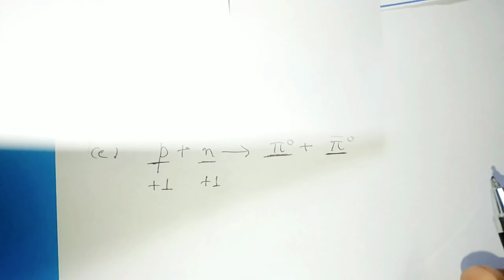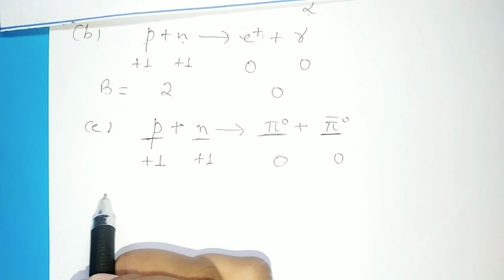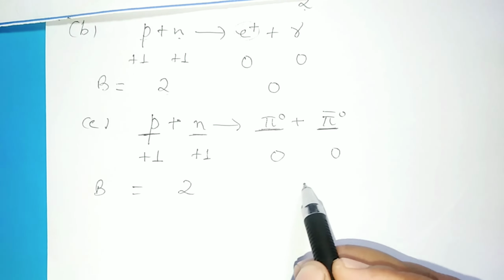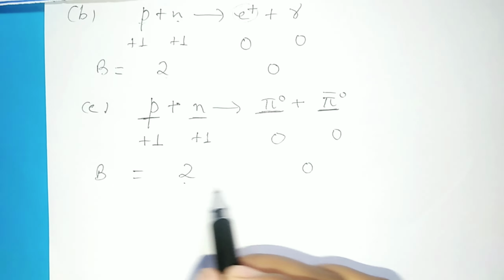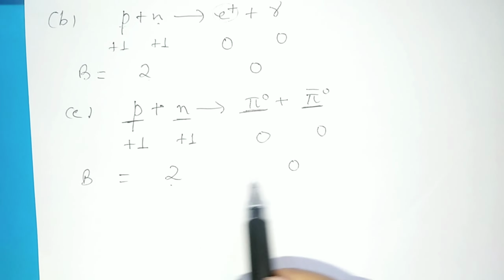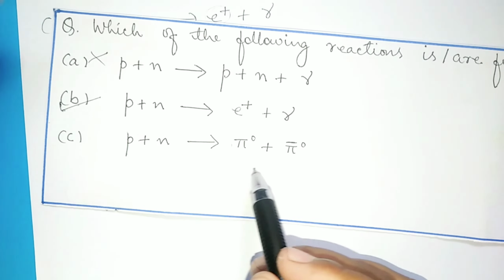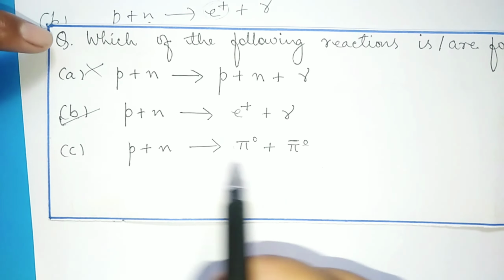For mesons, B is equal to 0. So on the left we have +2, on the right we have 0. Now here baryon number is not conserved because on the left we have 2, on the right we have 0, okay? So this reaction is not allowed, that is, it is forbidden.